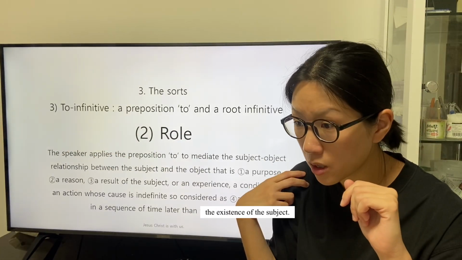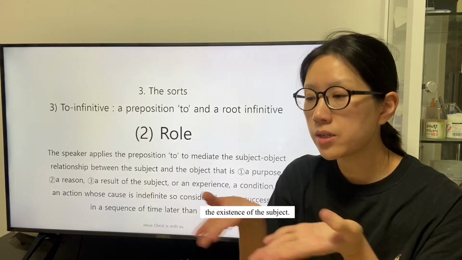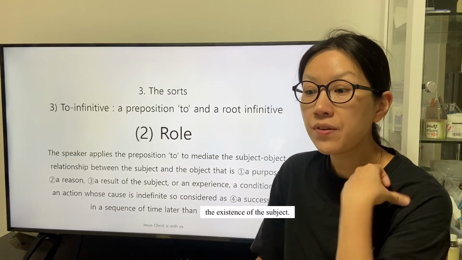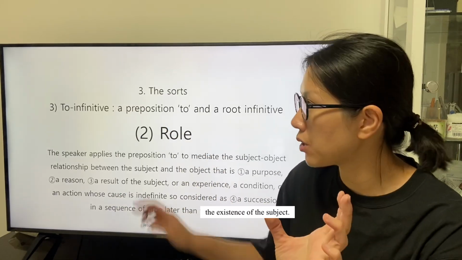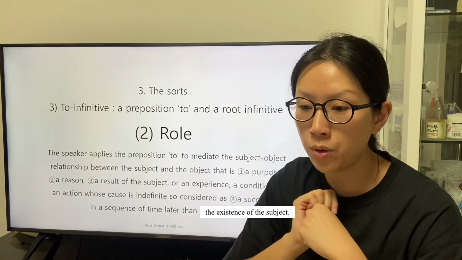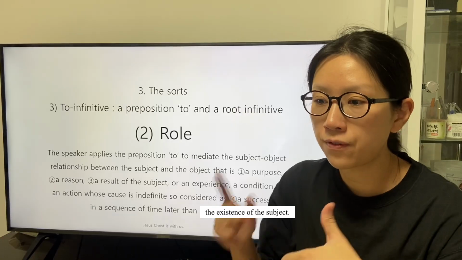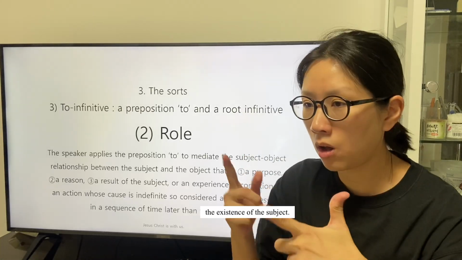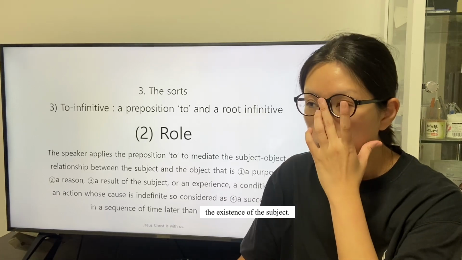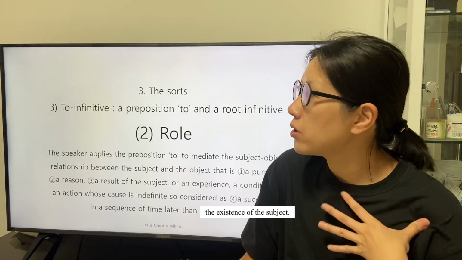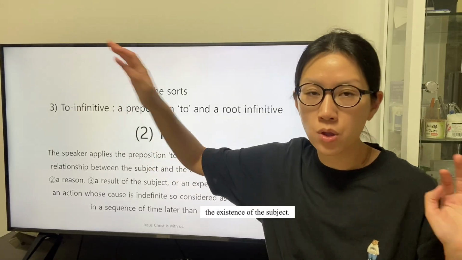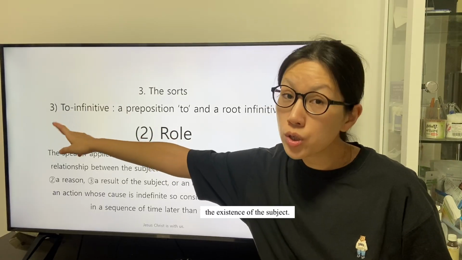The listeners who read the entire clause can figure out the trait that the to-infinitive has in the clause among the traits of a noun, an adjective, or an adverb. So we can understand the reason why we call it the term to-infinitive.